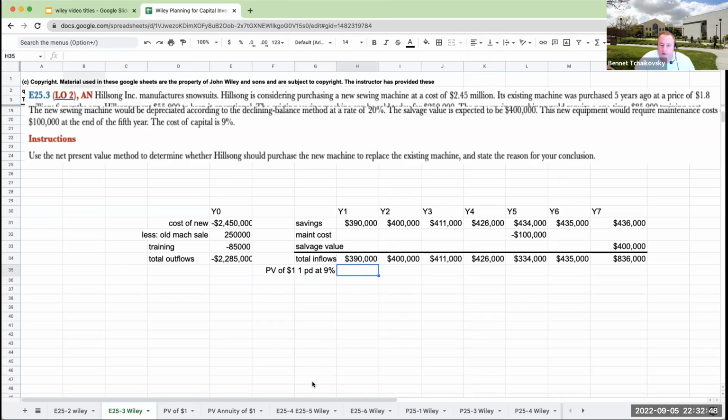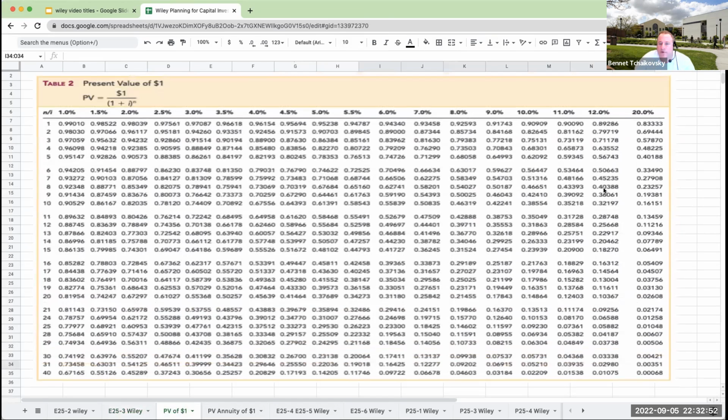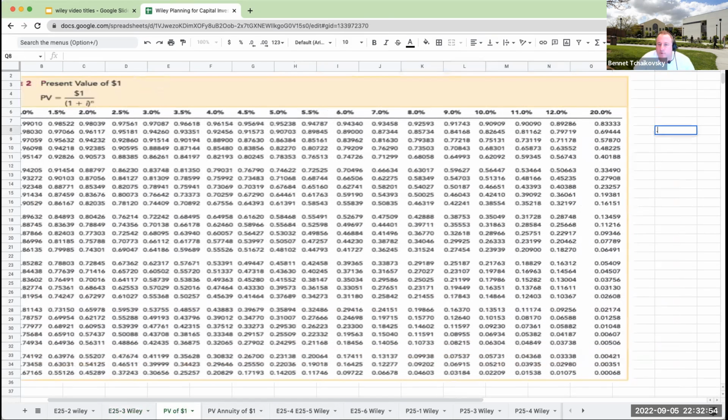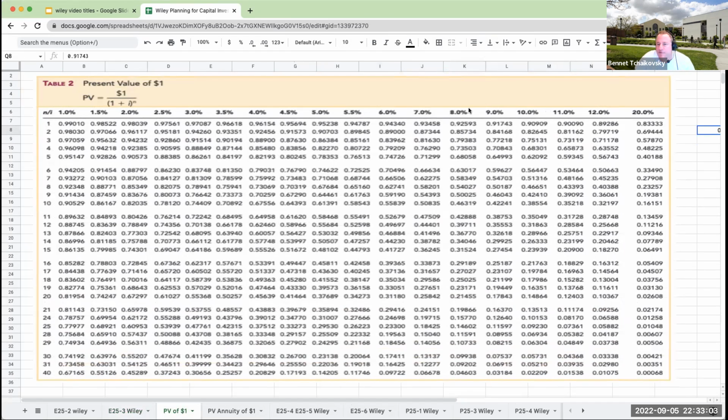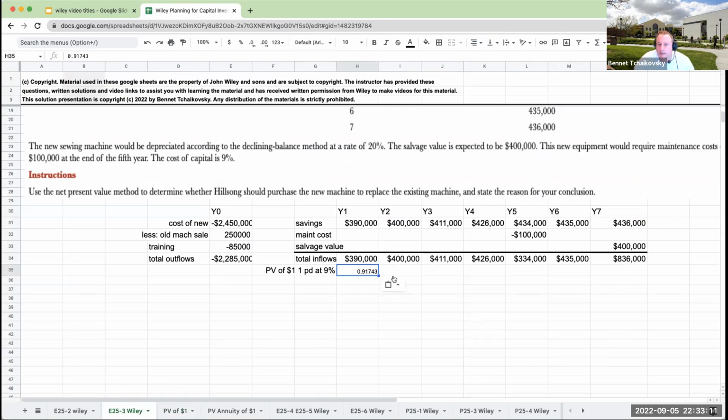So over here I'm going to go to the present value of $1, 1 period at 9%, which is 0.91743. So 1 period at 9% is 0.91743. Okay.